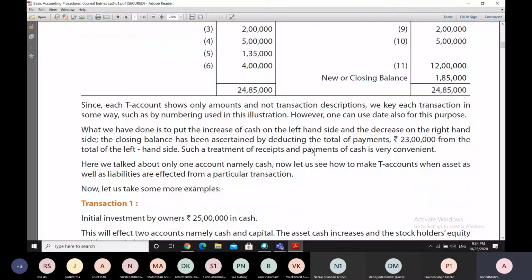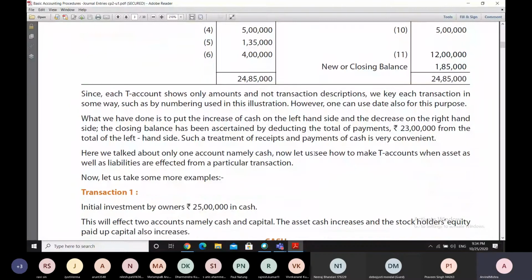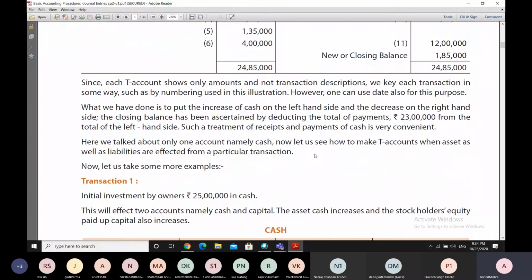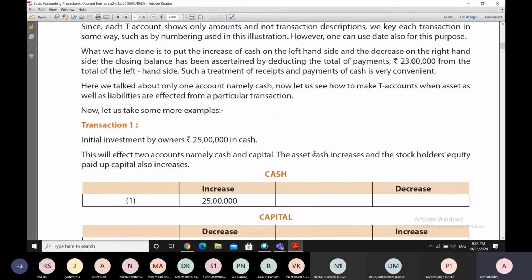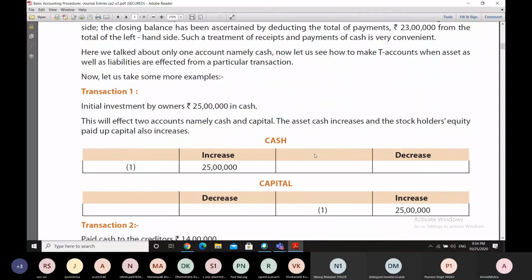Now here we have talked about only one account, which is called cash. We can make similar T accounts when assets or liabilities are affected by any particular transaction. Let us take, for example, that in one transaction an investment has been made by the owners of 25 lakh cash.